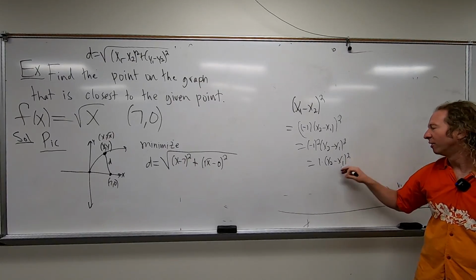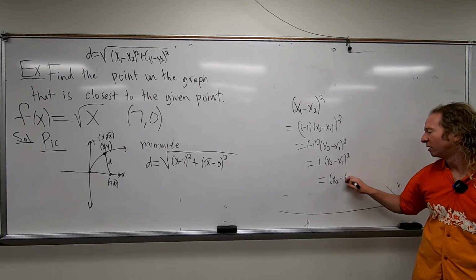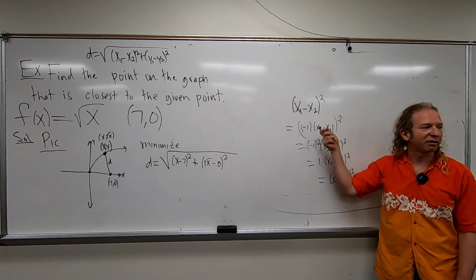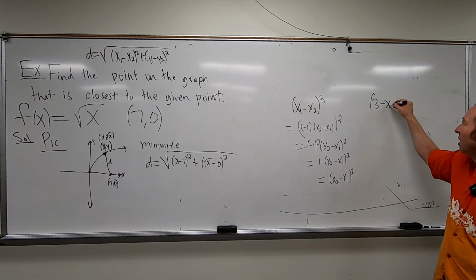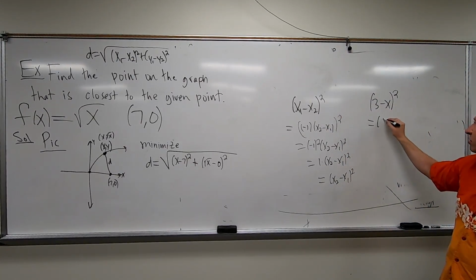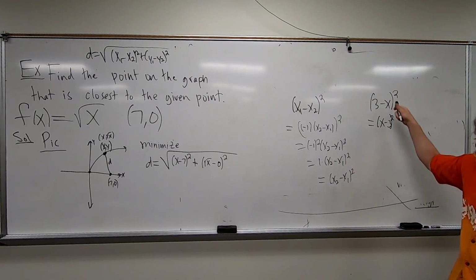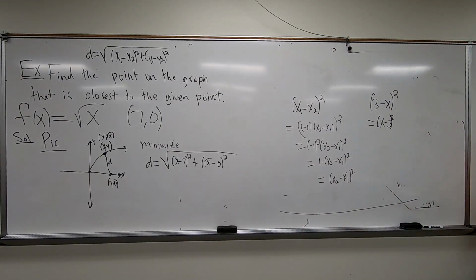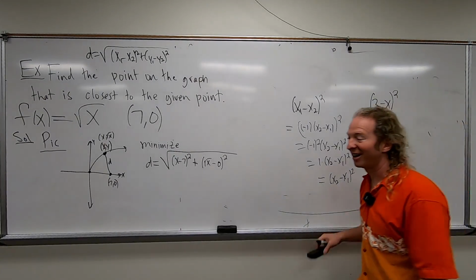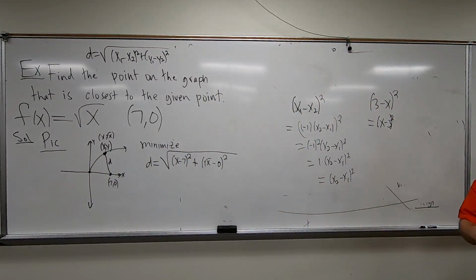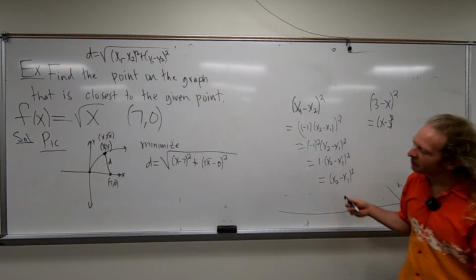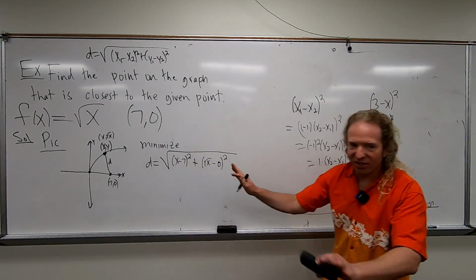It's really powerful. So it doesn't matter which order whenever it's squared. If you have 3 minus x and you don't want to multiply that out, then don't. Just write it as x minus 3. Same thing with absolute value: the absolute value of x minus y is the same as the absolute value of y minus x. Any questions up to here?